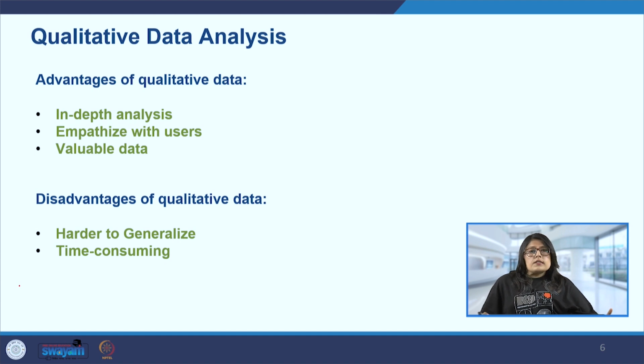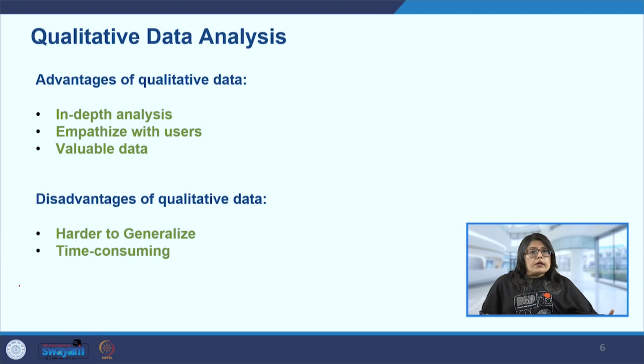This gives us in-depth analysis, and it helps us to empathize with the users, because we have seen that they can explain their pain points better in qualitative research than in quantitative, where the options are limited.